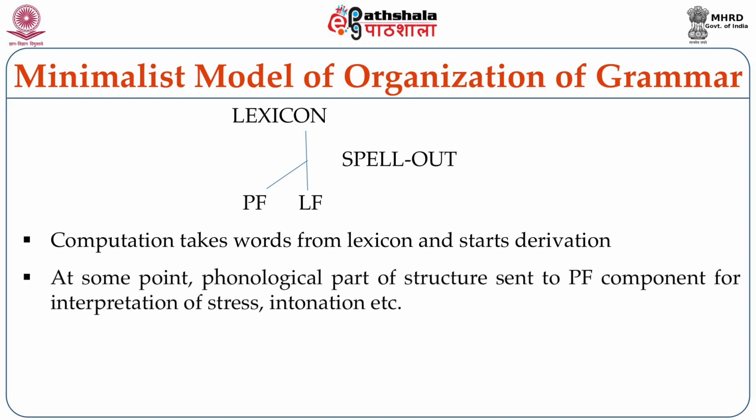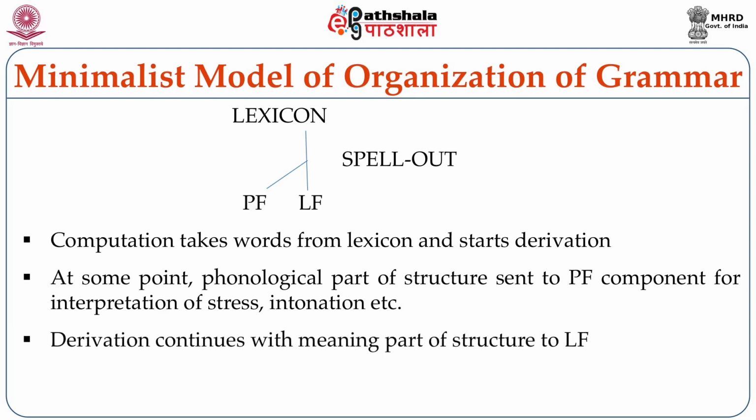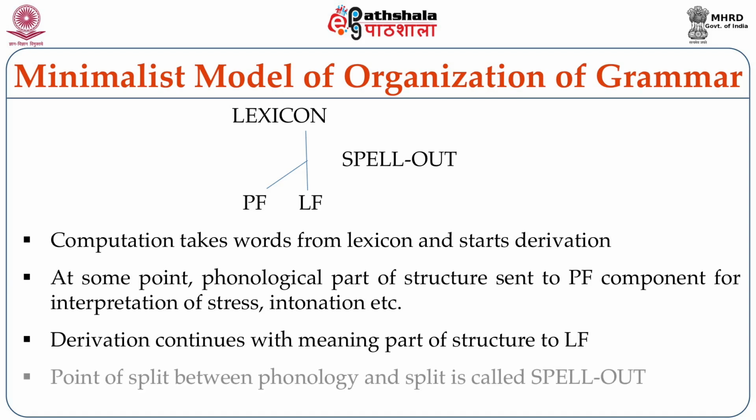At some point, the phonological part of the structure is sent to the PF component for interpretation of, let's say, stress, intonation, etc. The derivation then continues to move on with the meaning part of the structure, and this derivation continues till it reaches the LF component. The point of split between phonology and LF is called spell out.